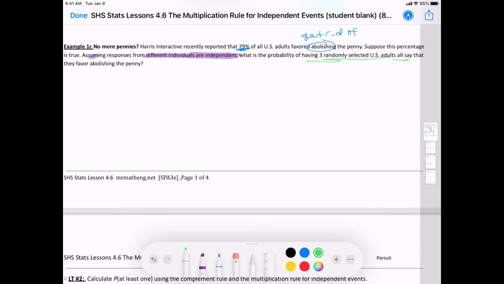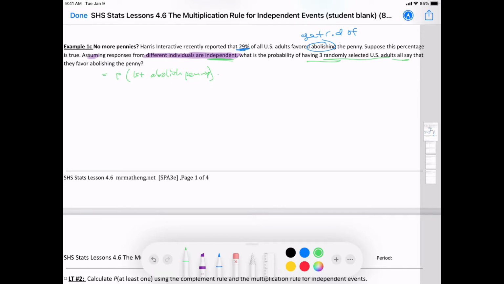Okay, so let's just write this out. The first person wants to abolish the penny. Does the first person influence the second person? The answer is no. So these events are independent, right? The first person thinks independently of the second person.